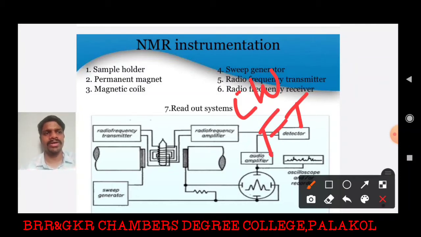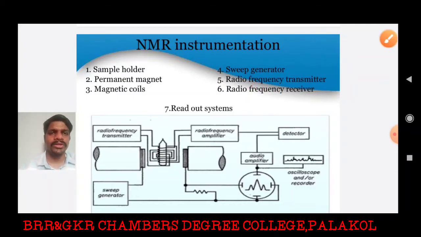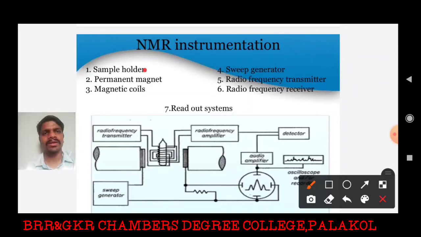The basic components in both the techniques are sample holder, permanent magnet, readout systems, radio frequency receiver and radio frequency source. These are the common components which are required for both the instruments.